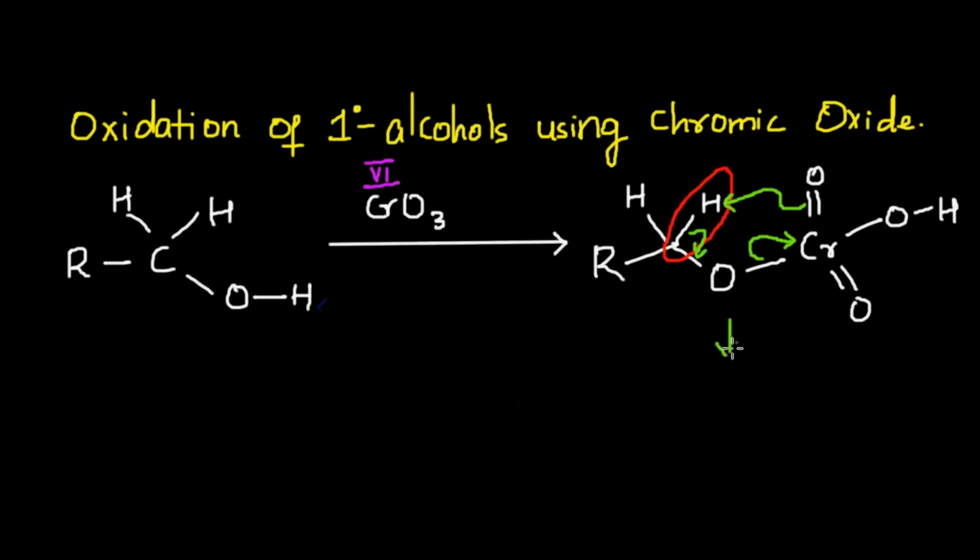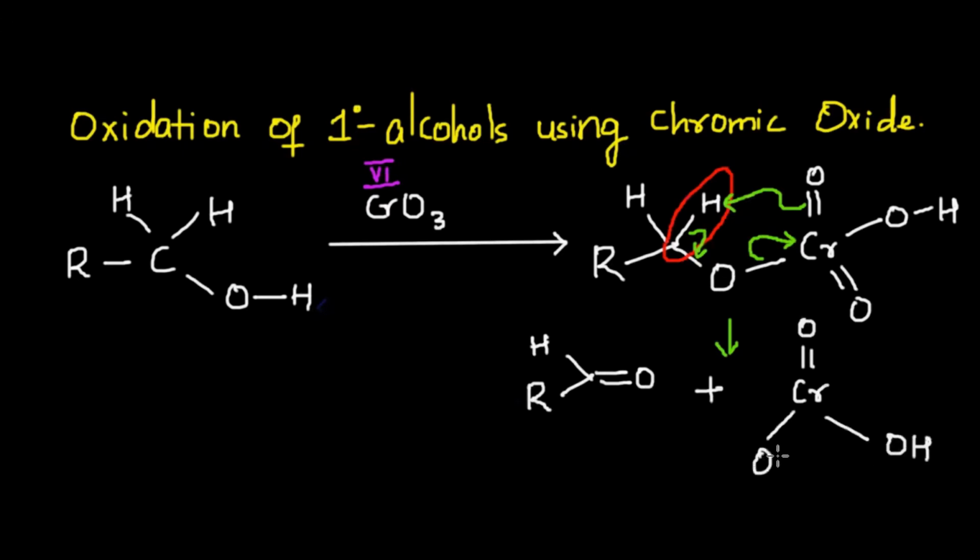So what this will give you is aldehyde, plus you have reduced chromium from +6 oxidation state to +4 oxidation state. Meanwhile, you have oxidized alcohol to aldehyde.